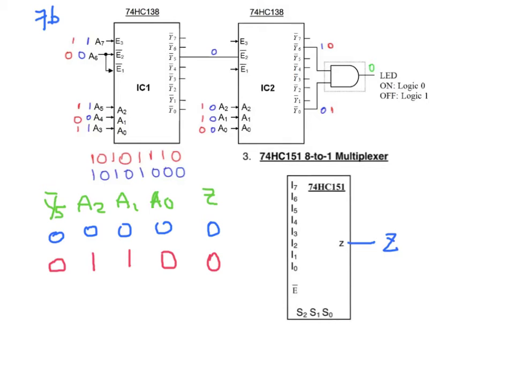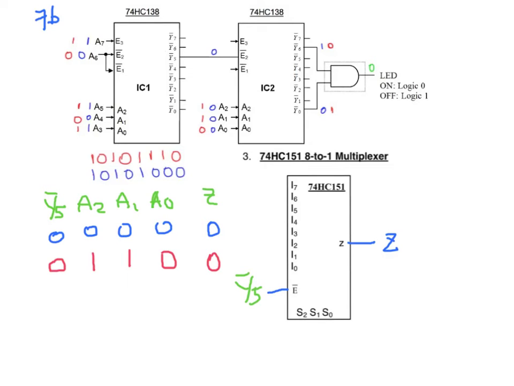Let's look at E bar first. So where can we connect the E bar? E bar has to be 0 in order to activate the multiplexer. Now looking at this, we can either connect W bar or A0 to E bar because they produce 0 all the time. So let's just connect W bar here.